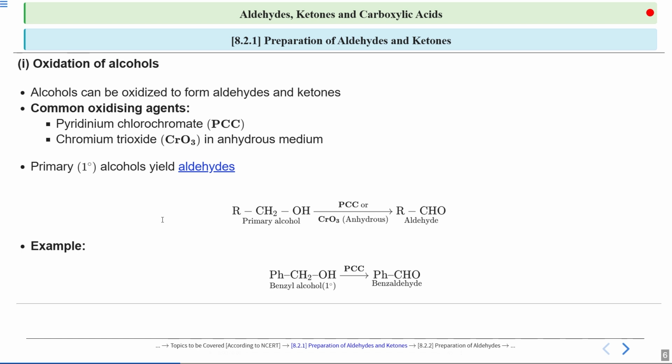When we use PCC, it oxidizes this alcohol to an aldehyde and forms benzaldehyde. Benzaldehyde means that an aldehyde group is attached to a benzene ring. So you see here that it oxidizes the alcohol to aldehyde without further oxidizing it to carboxylic acid. Primary alcohol yields aldehyde.